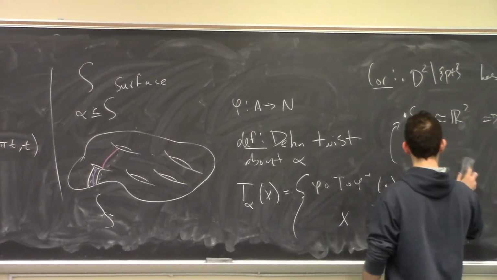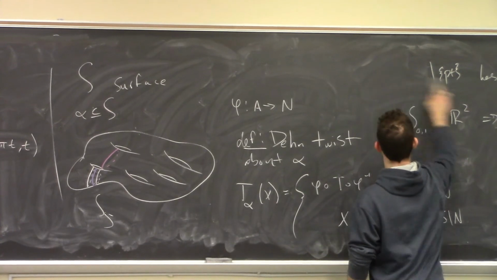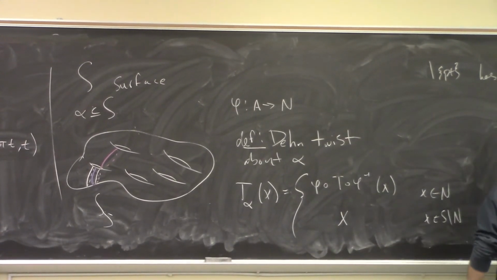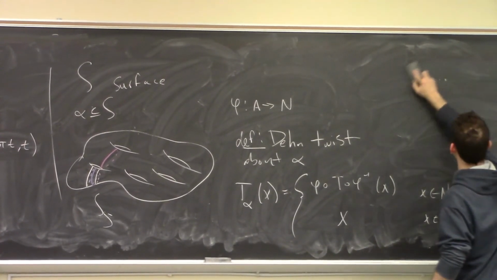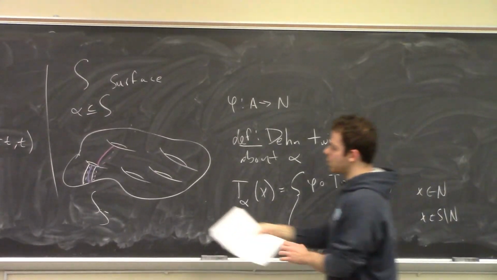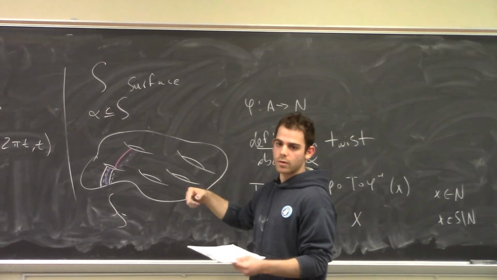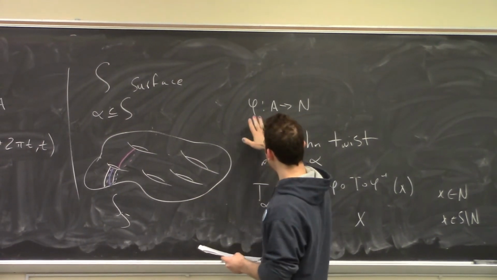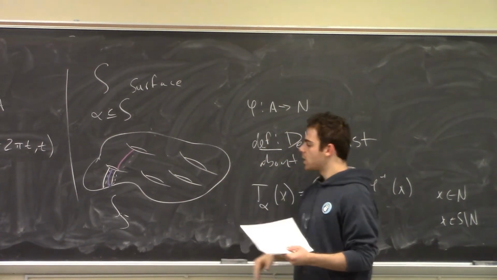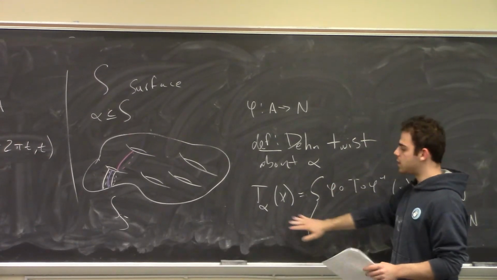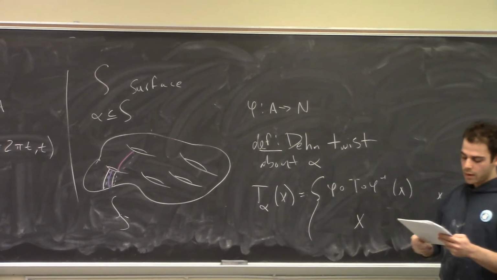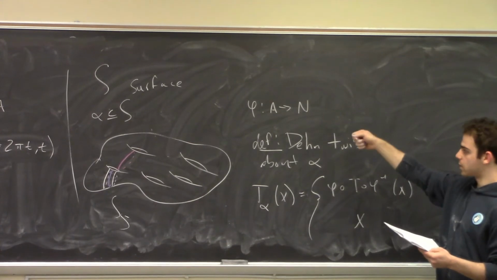So what is this twisting really doing? It's just saying that in this neighborhood of the surface, we're going to twist it around, as given by this phi and this alpha, right? So as we've constructed it, this Dehn twist depends on alpha and on the choice of homeomorphism phi.